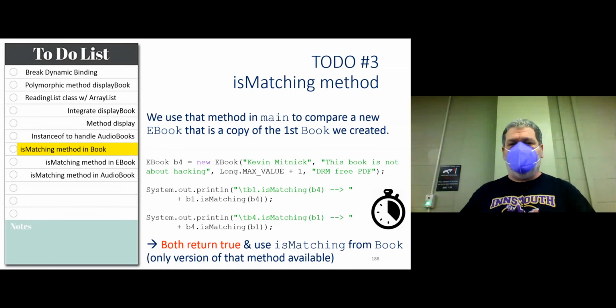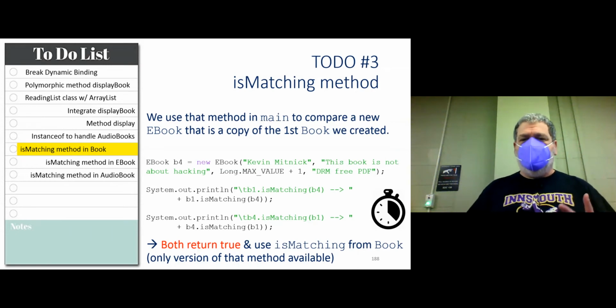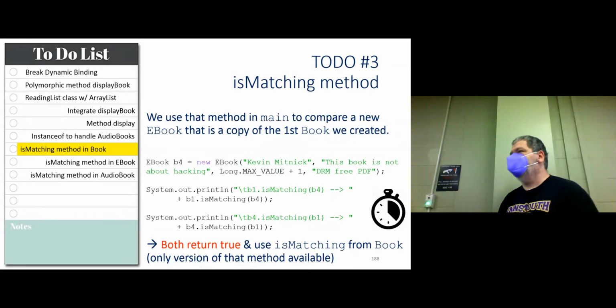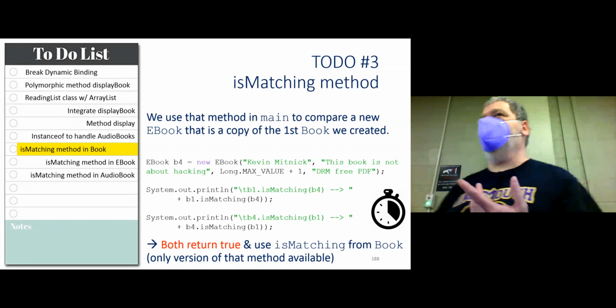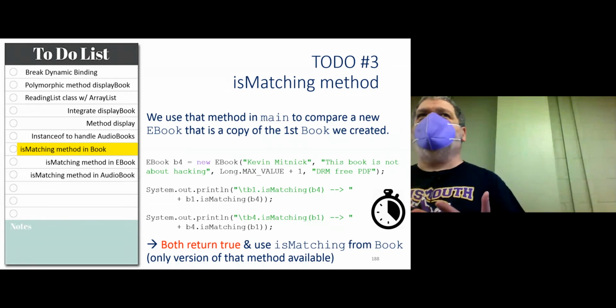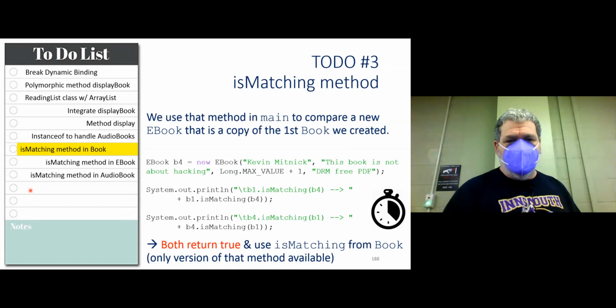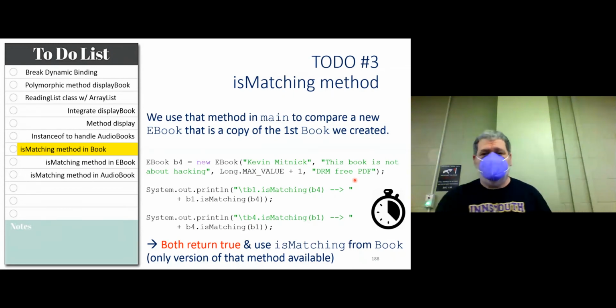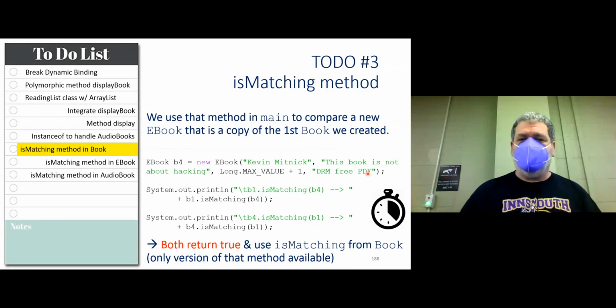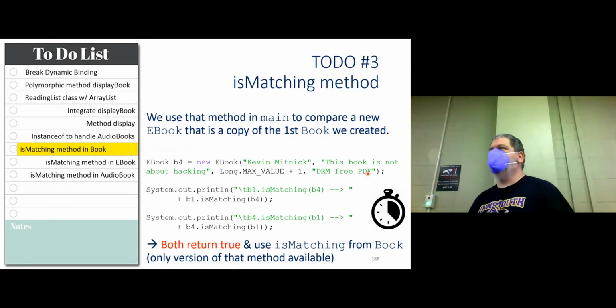Same author, Kevin Mitnick, same title, this book is not about hacking, and then same ISBN, and finally, because it's an ebook, I had to add the file format. So the last parameter here is that file format that we need for an ebook that we don't need for a book.